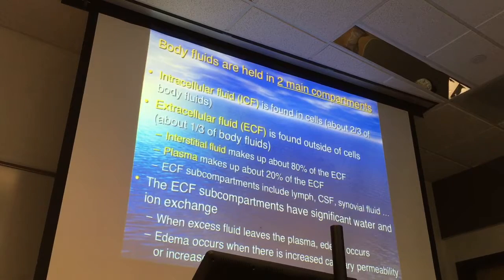Understand their ratios, okay? For example, can water cross the plasma membrane? Yes, osmosis. So if you're dehydrated, so this volume goes down, where are you gonna get water from? Will water move by osmosis from inside of cells outside? Yes.